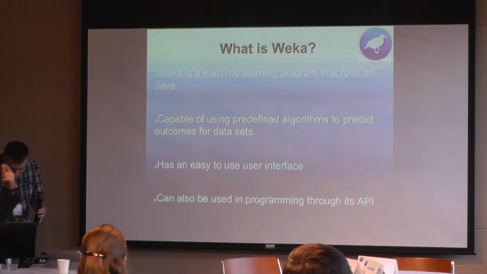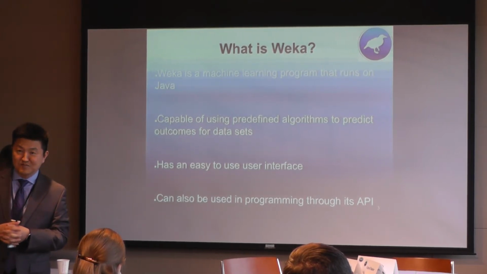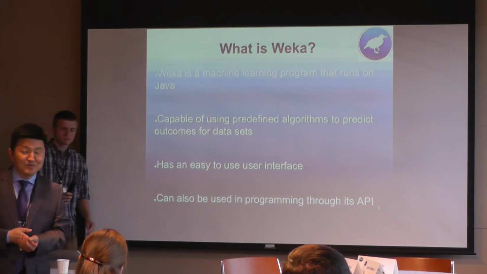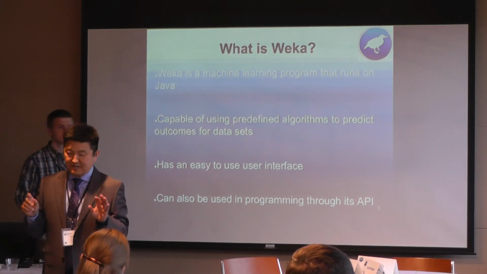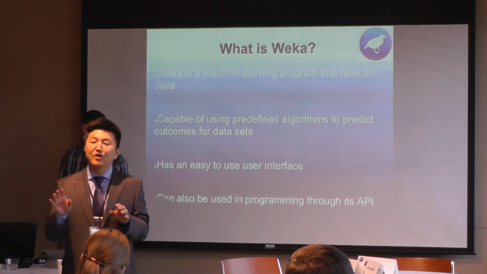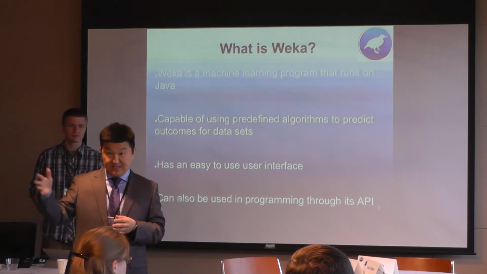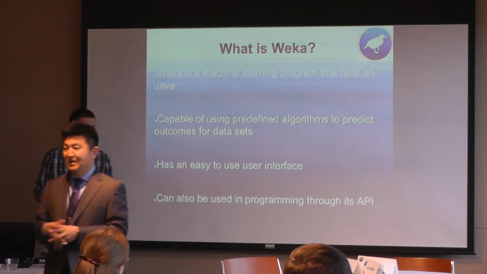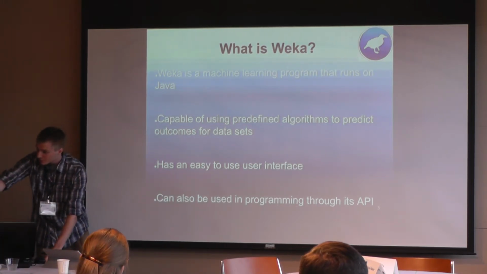So he's going to do a little bit of demo of this machine learning algorithm figuring out whether somebody is a Democrat or a Republican. And the nice thing about this is also that the data set is tagged, so we know already the answers, right? So that's how we can test the accuracy of the algorithms. So he's going to do a little bit of demo of that.